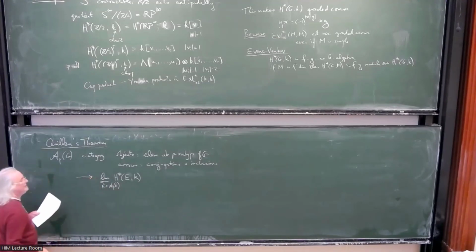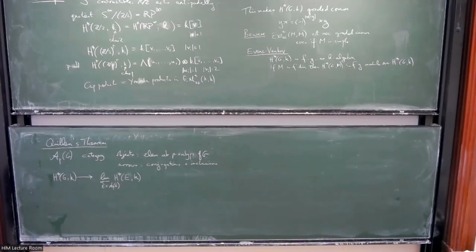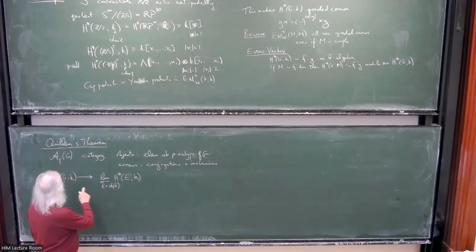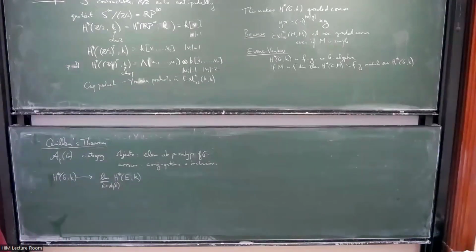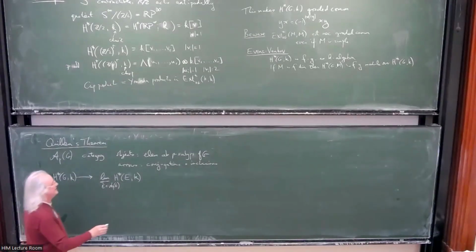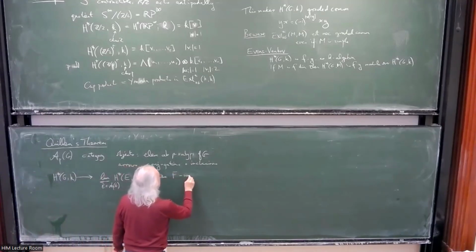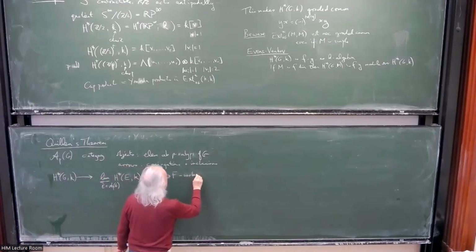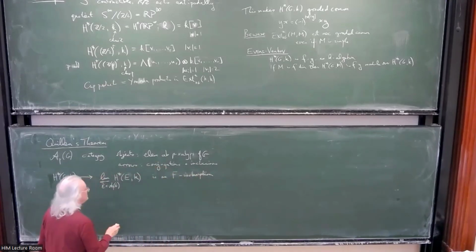There's obviously a restriction map from the cohomology of the group to that limit. And Quillen's theorem states that this is sort of close to being an isomorphism. It's not an isomorphism, but it's what's called an F isomorphism, which means two things.